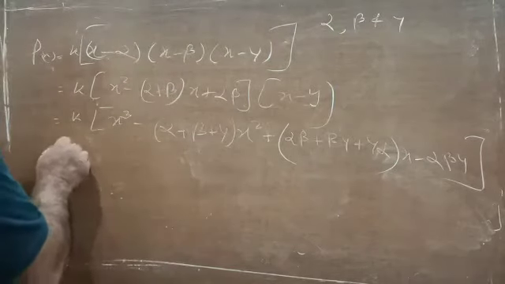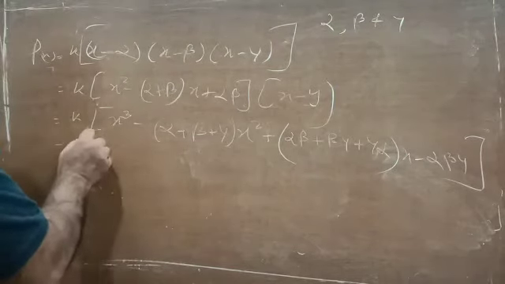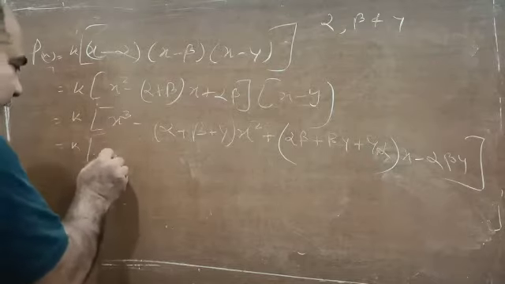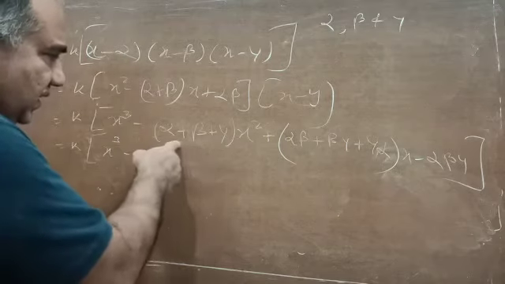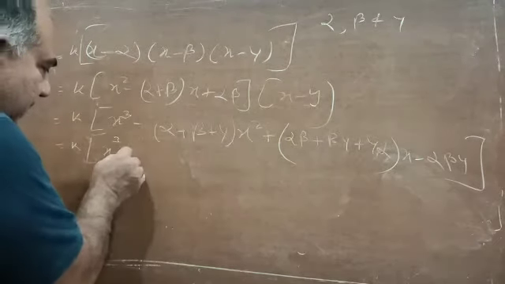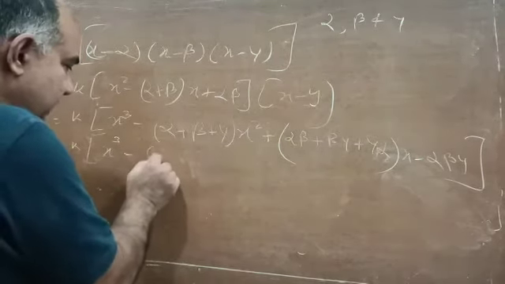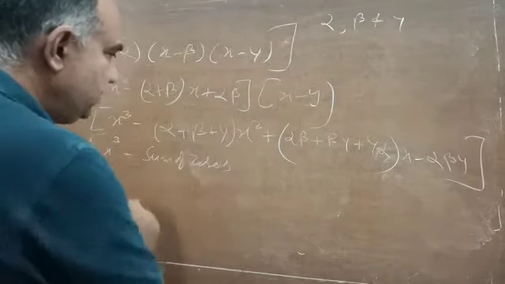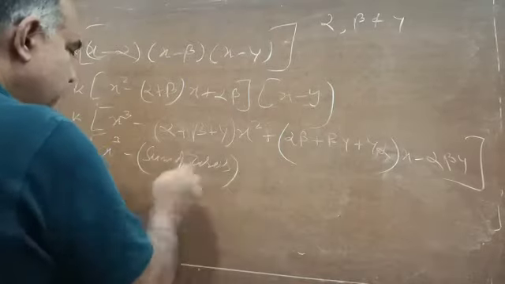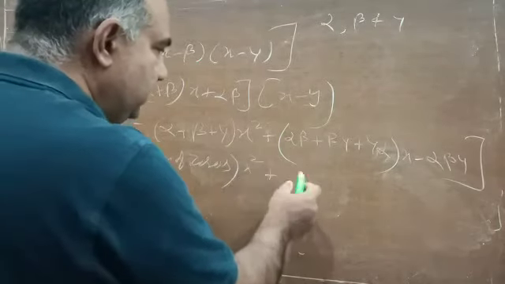So if you want to obtain the polynomial, it will be like this: x cube, and this is nothing but minus the sum of the zeros into x square, plus this term.